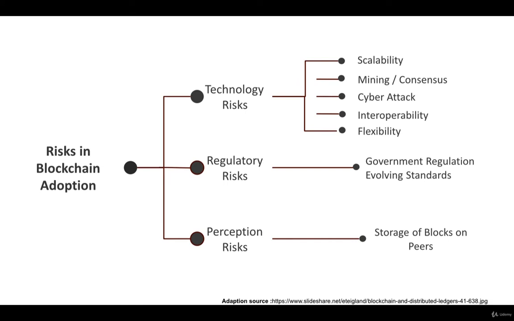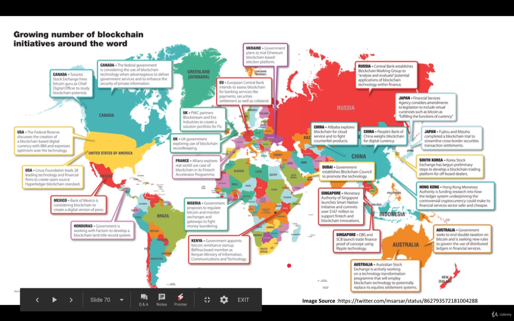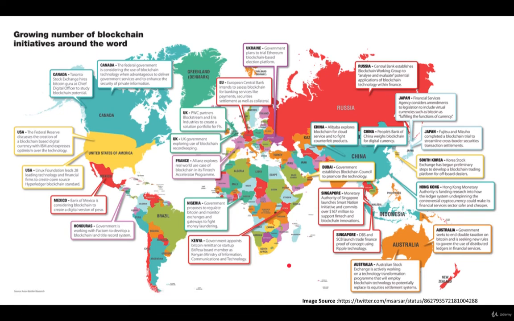Now, next, let's look at the growing number of initiatives of blockchain across the world, and we'll briefly look at each of them so you have an idea as to how major countries across the world are looking at blockchain and implementing it in various different applications.